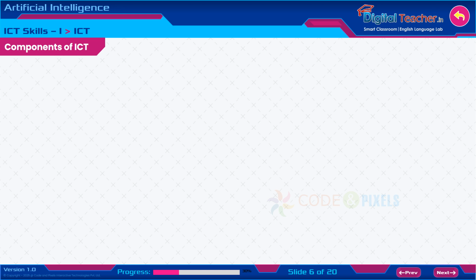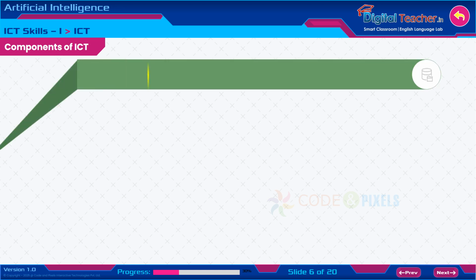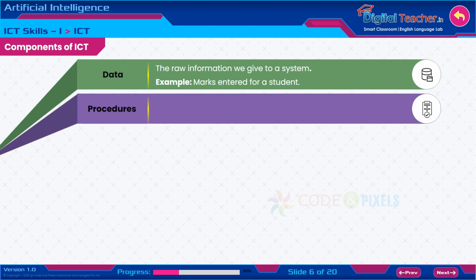Components of ICT. There are 6 main parts of ICT. Data. The raw information we give to a system. Example, marks entered for a student. Procedures. Steps or methods used to process data.